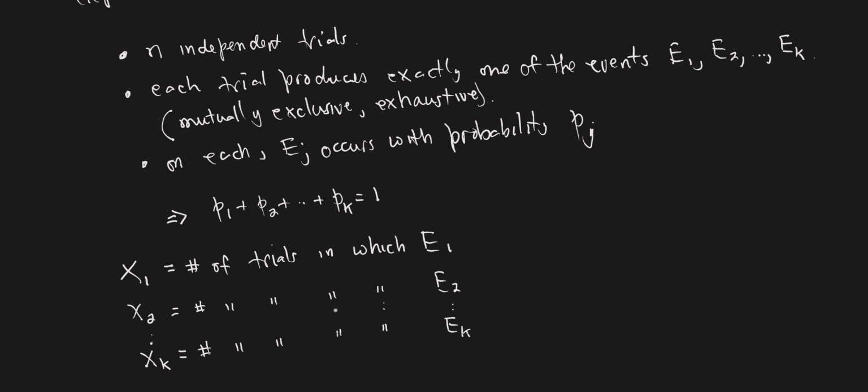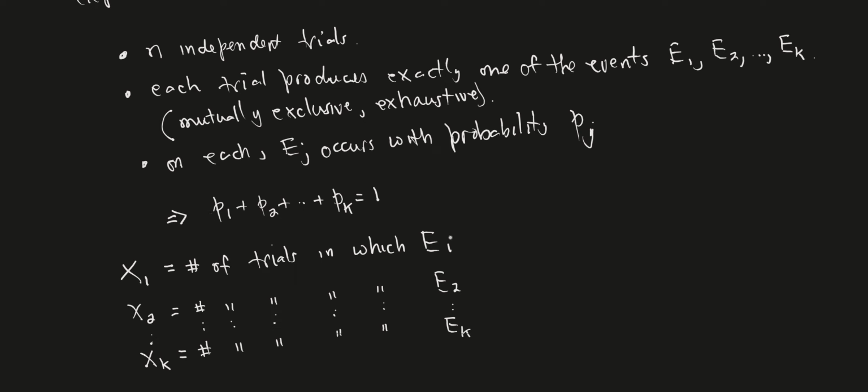So it's not just one random variable now, but multiple ones. Each of them will count the occurrence of a specific event, and that event occurs with a constant probability.